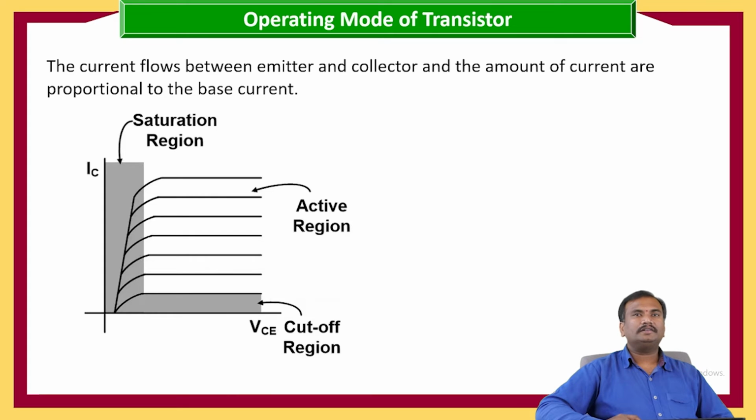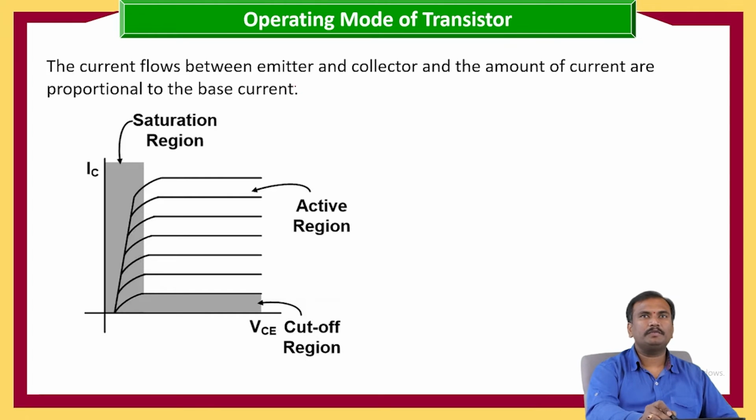And these are the characteristics corresponding to the collector current and collector to emitter voltage. The current flows between the emitter and collector, and the amount of current is proportional to the base current.